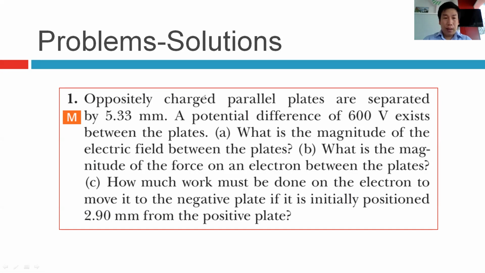And the factor that represents energy in electricity is the electric potential energy. The electric potential and electric potential energy represent energy. So this chapter we just focus on the potential energy and the potential.